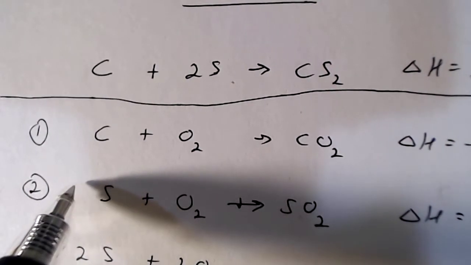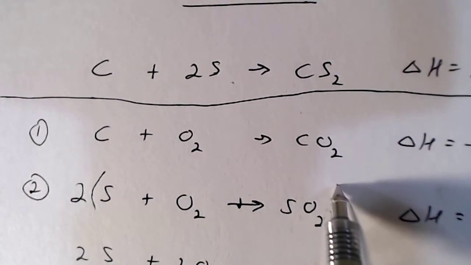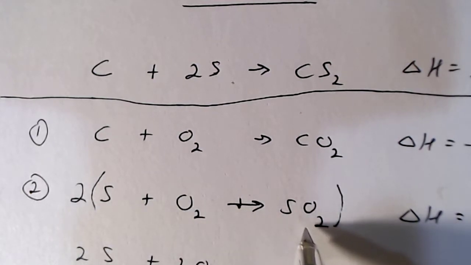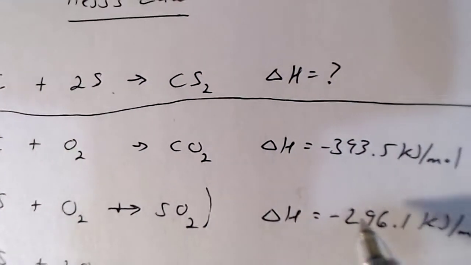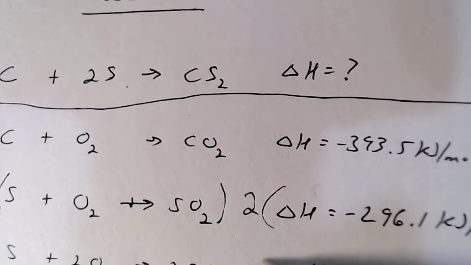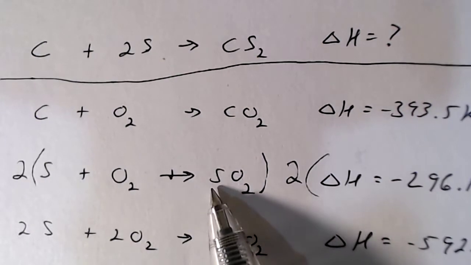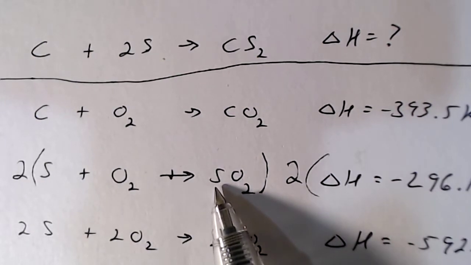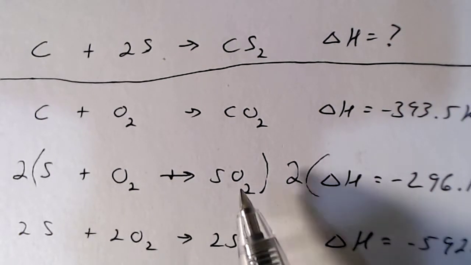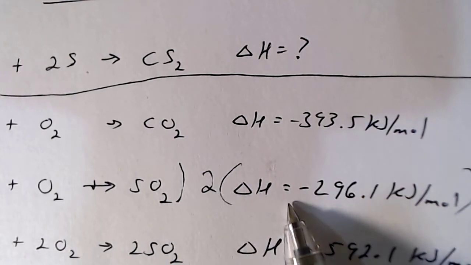But by doubling the number of sulfurs, you'll also need to double the number of every reactant and product, and also then double the enthalpy change as well. If you have twice as much sulfur as a reactant, you'll need to have twice as much sulfur in the product to have a balanced chemical equation. And having twice as much of every reactant and product, you should have twice as much heat released as well.